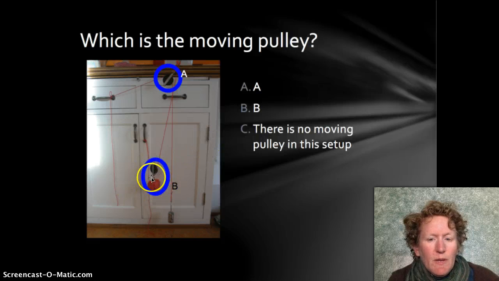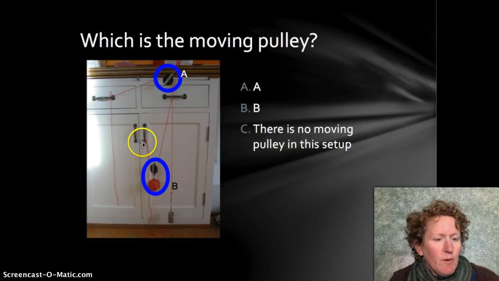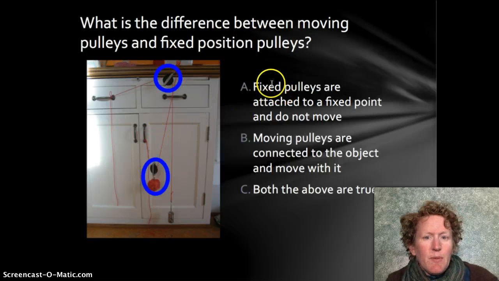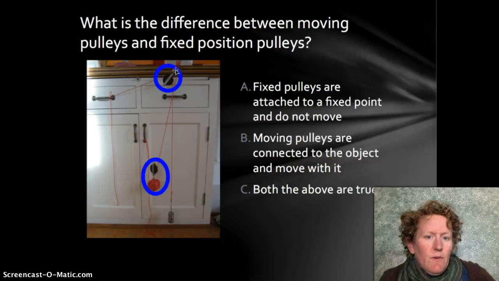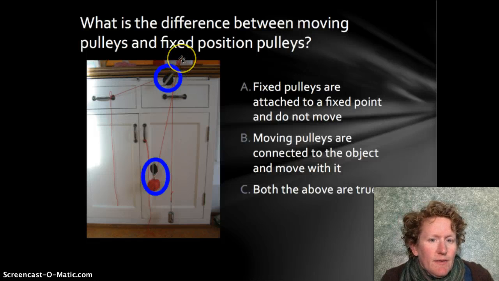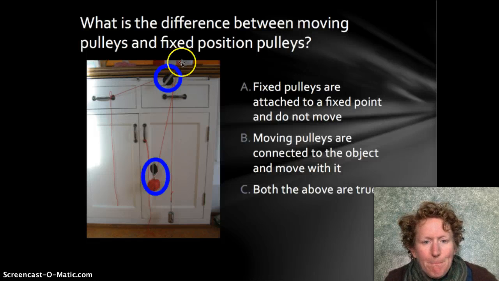The moving pulley is the one that moves with the load. So here, the load is attached to the moving pulley, and that pulley is actually going to go up when you pull on this string here. Fixed pulleys are attached to the ceiling, or in this case attached to a rod at the top of the countertop here.